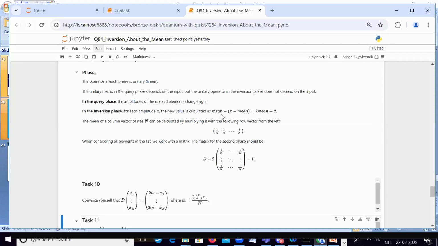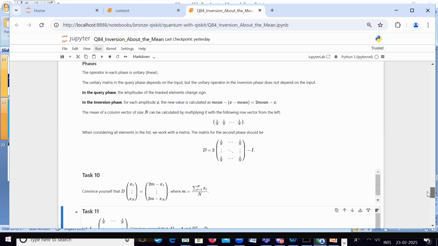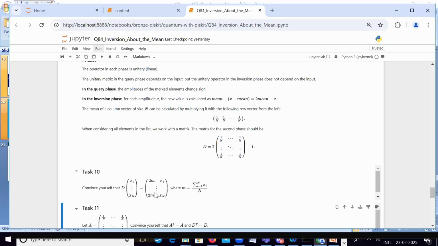So this condition has to be verified, where the mean is equal to the summation of i equal to 1 to n of xi for any given element, divided by n, the total number of the elements.